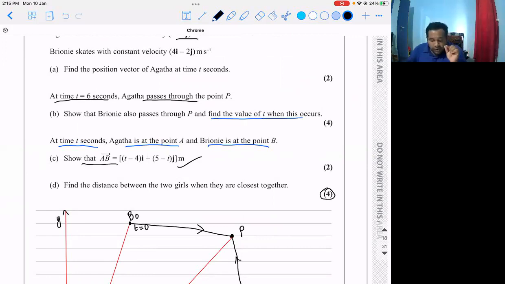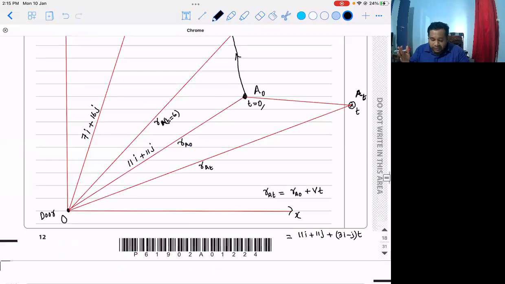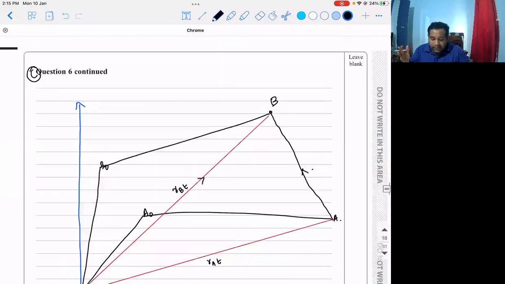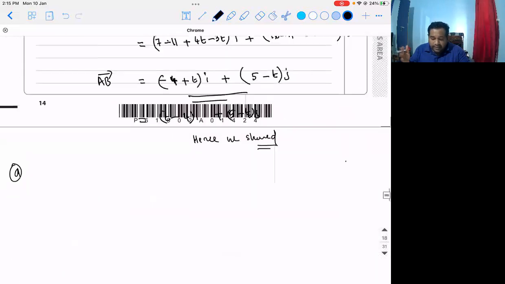So that means we just want to find that distance. Both are starting from t equal to 0. Then we need to find at what time this distance is smallest. So for that, we will take the magnitude.